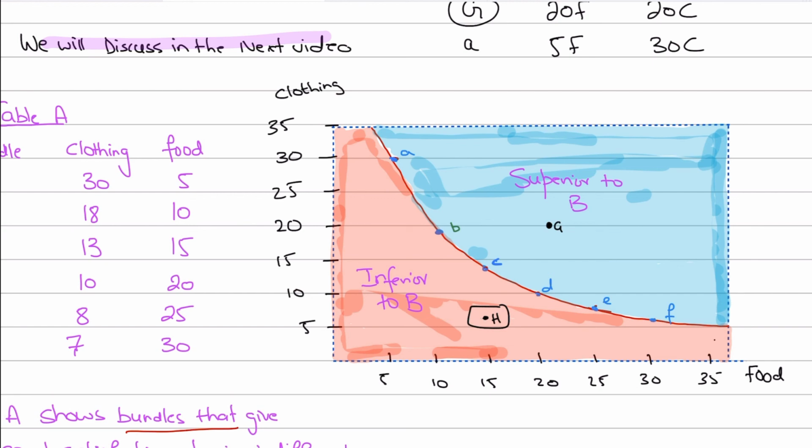Any point to the left and in the red region, below the indifference curve, would make Adil worse off, and would represent bundles that Adil regards as inferior to all the bundles on the indifference curve.